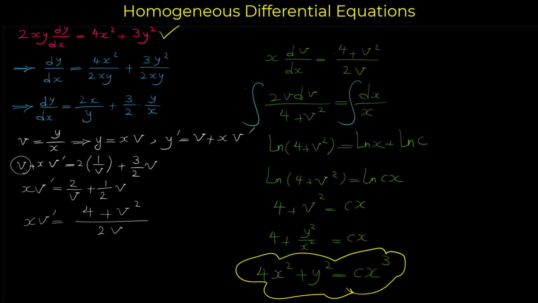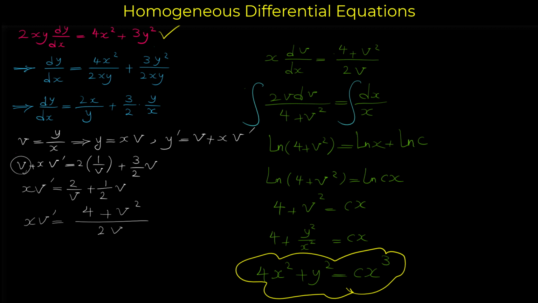Another way that you can convert this to this, if you don't like this ln of c technique, is to note that when we integrated both sides of this equation, we got this relation.